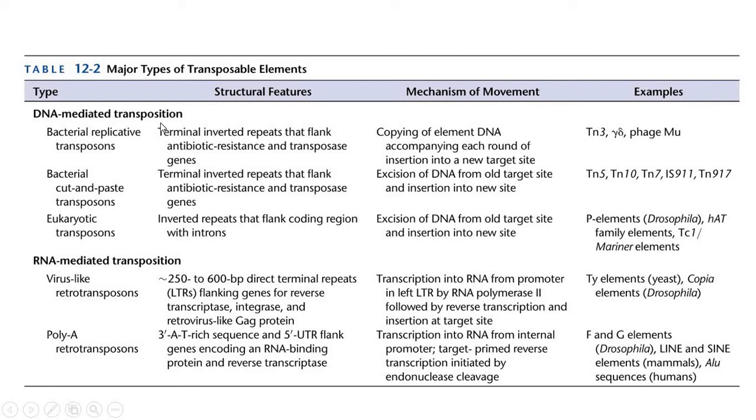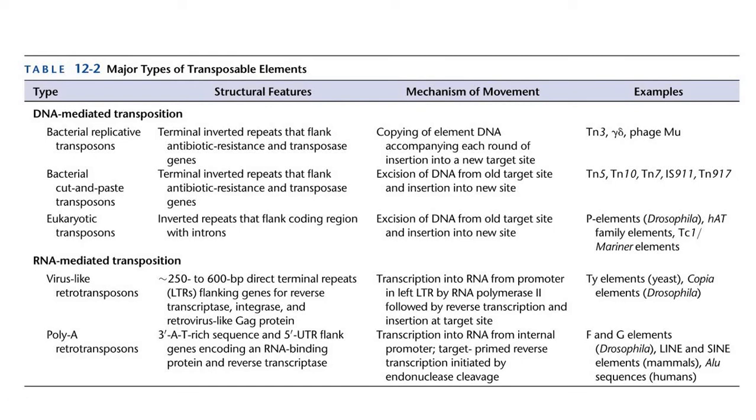DNA-mediated transposition is carried out by DNA transposable elements, or DNA transposons. There are different examples of bacterial replicative transposons, for example Tn3, and we talked about bacterial cut-and-paste transposons in the last lecture, Tn5, Tn10, and Tn7, depending on what kind of cut they are making.